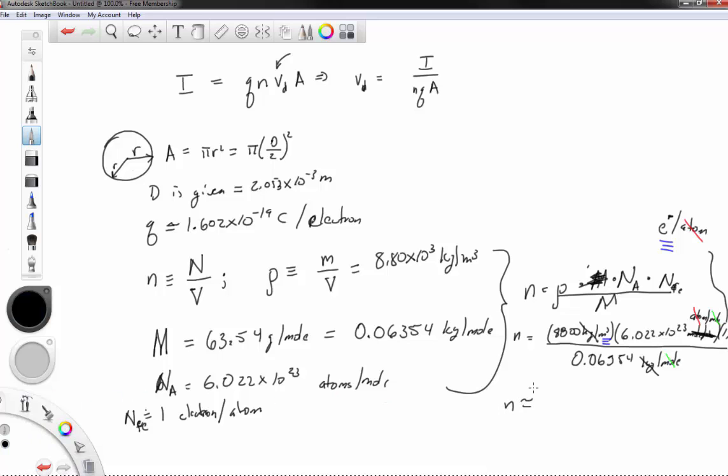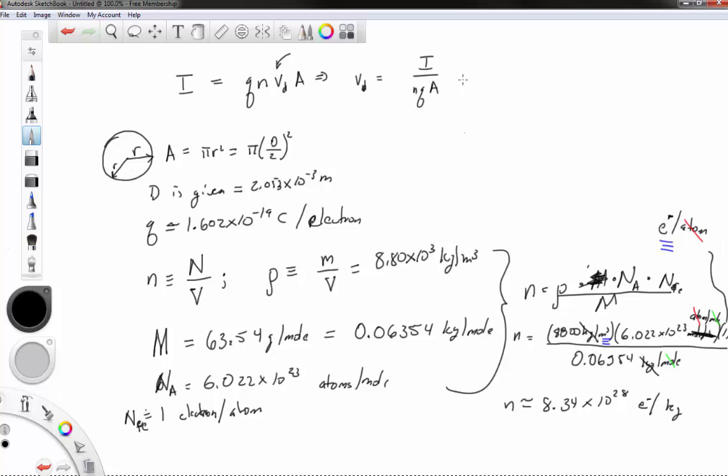So this means that N is going to be given by approximately 8.34019 dot dot dot. So call that 8.34, and that's of course times 10 to the 28. So that's how many electrons per cubic meter we're going to have.